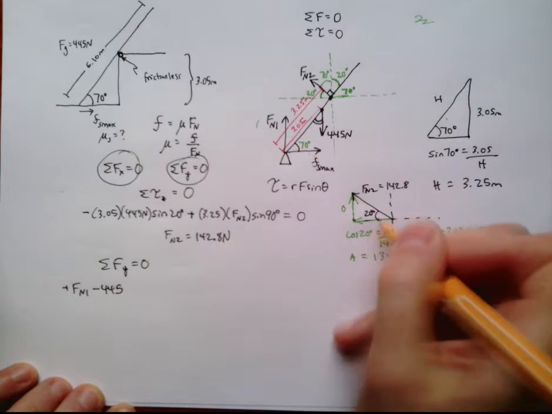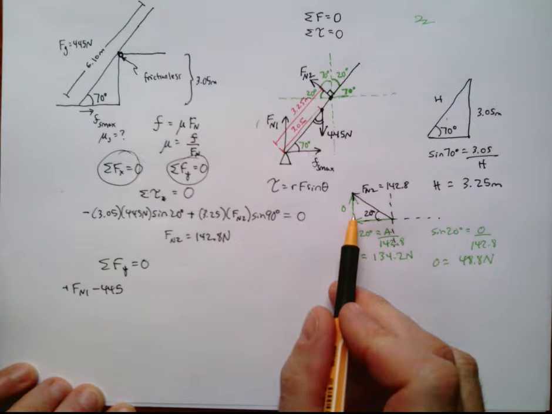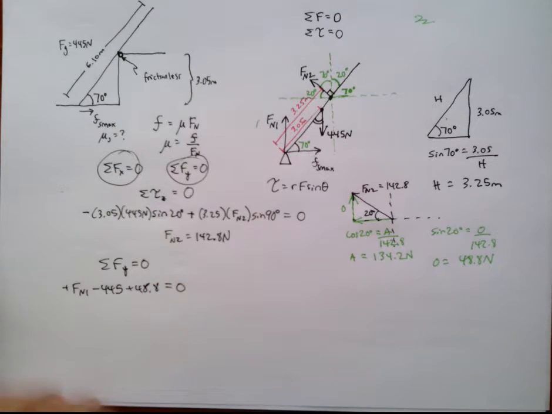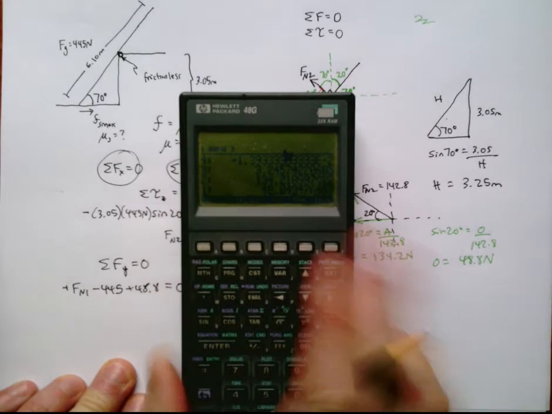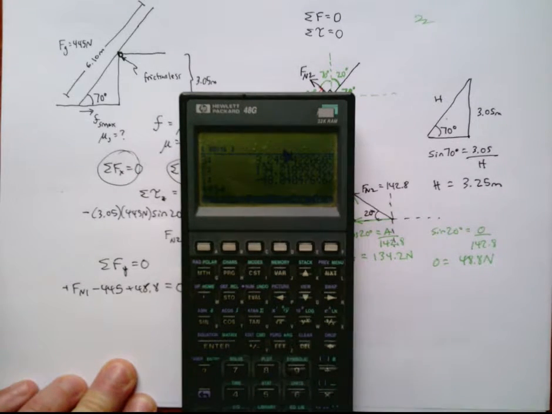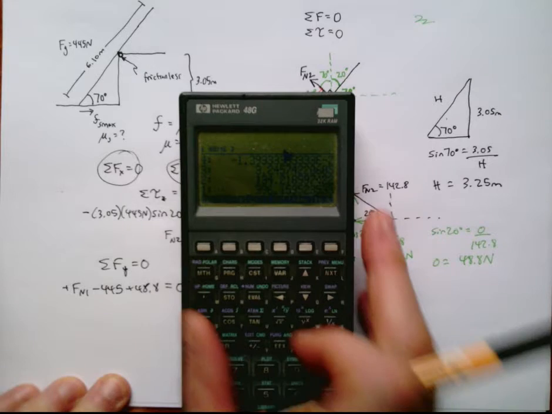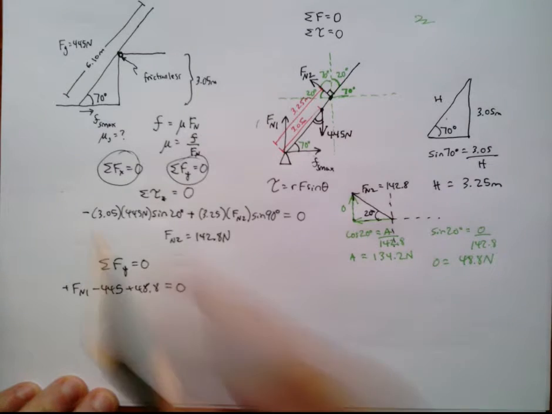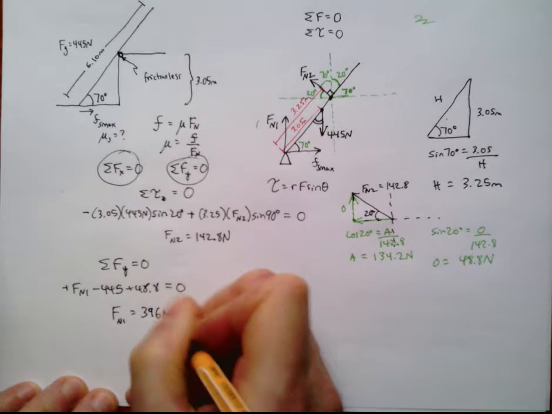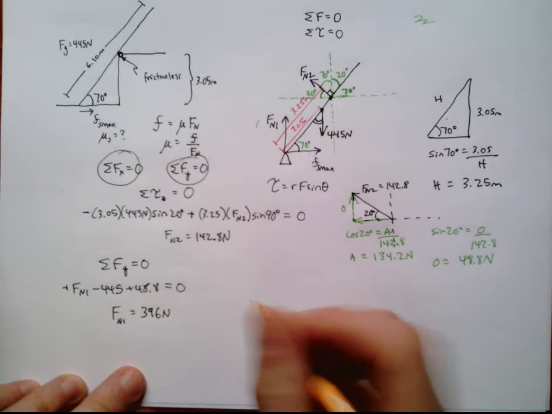And then over in this diagram, I have the y component of Fn2, which I just figured out is 48.8. So those have to add up to 0 if this thing is actually at rest. So what do we get when we do that? We get 396. I'm going to round that off right there. So Fn1 is equal to 396 newtons. It's one of the numbers we're going to need.